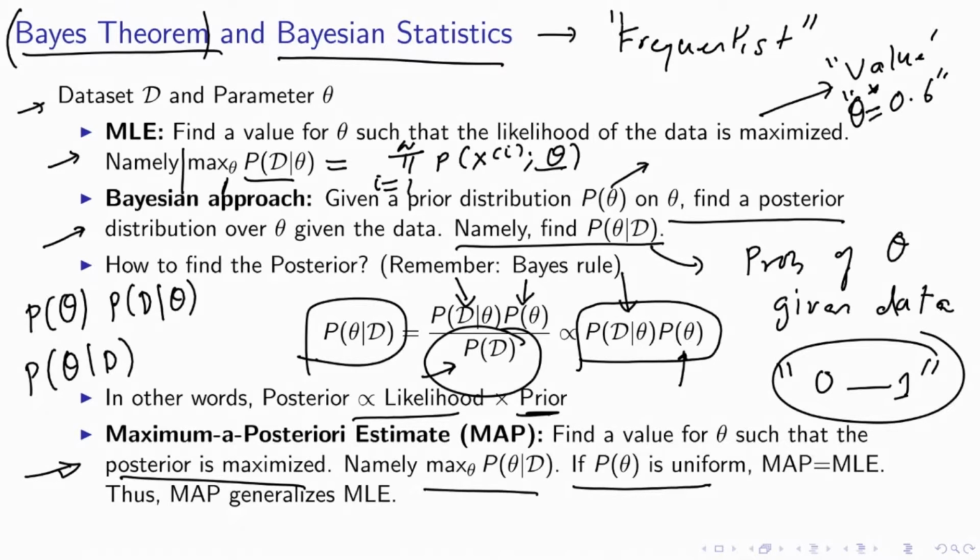So in that case, MAP will equal MLE. However, if P of theta is not uniform, then MAP will yield a different estimate as compared to MLE. That's why we say that the MAP estimate generalizes MLE. You use P of theta as uniform, you get MLE. And if you use P of theta as any other distribution other than the uniform distribution, you get something else.